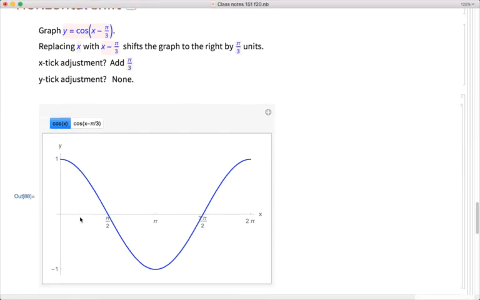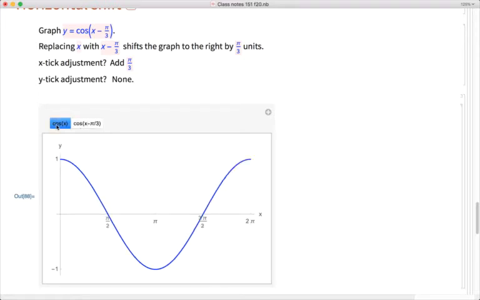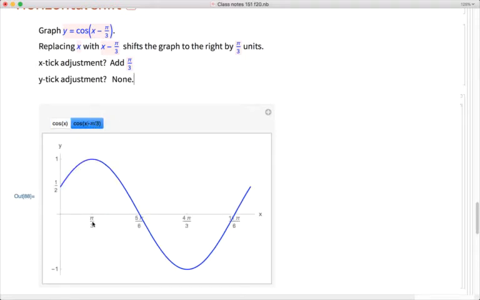There's the original graph of cosine x, and this is the graph of cosine of x minus pi over 3. Where did this pi over 3 come from? In the original graph of cosine x, we don't put a tick mark at 0 because that's the y-axis. But when we take 0 and add pi over 3, that's where this first tick mark is coming from.